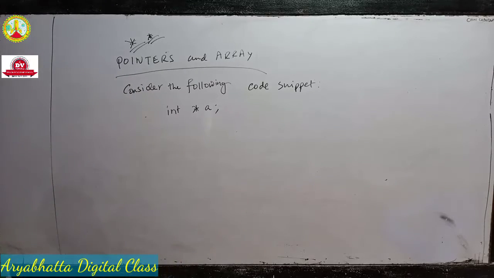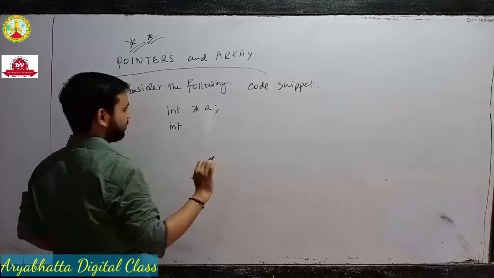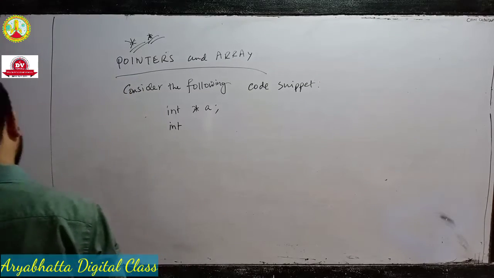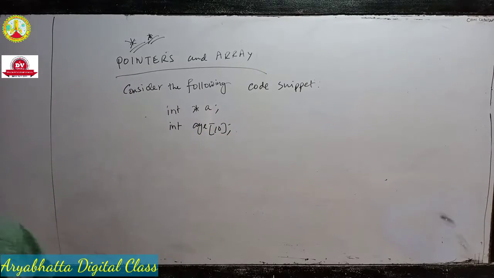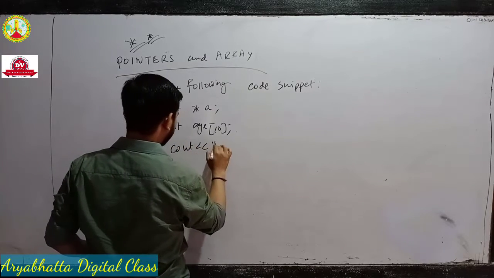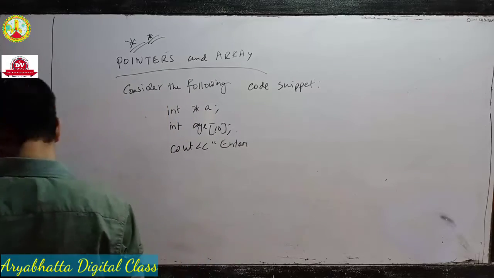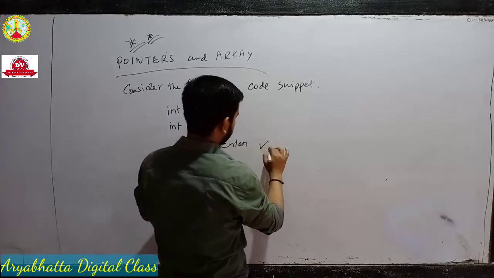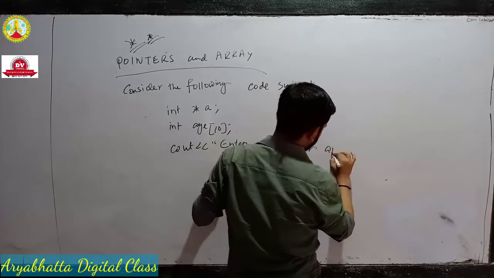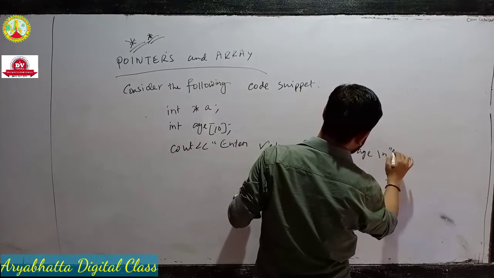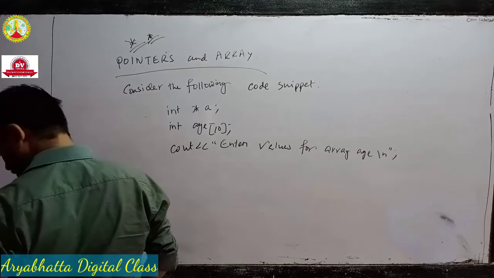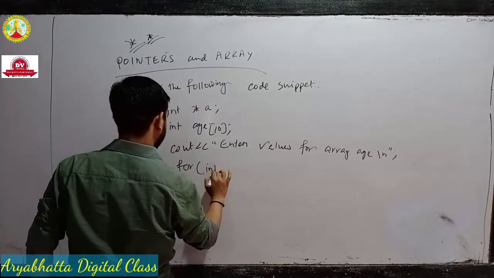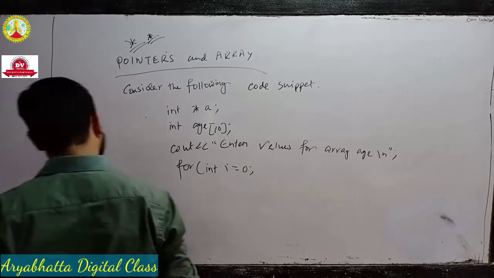I don't write the header or main method, because this is just a code section for understanding purposes. int arr[10]. First I write cout, enter values for array, then a loop: for int i = 0; i < 10; i++.